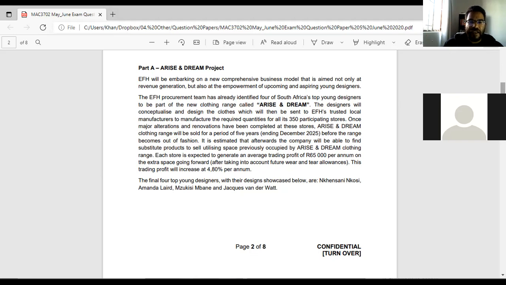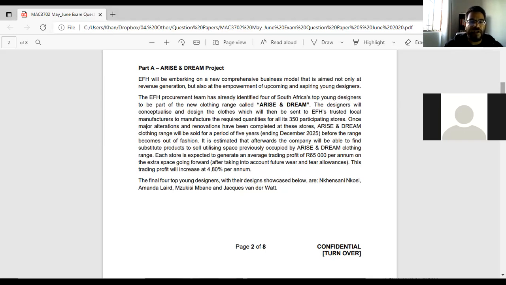It is estimated that afterwards, the company will be able to find substitute products to sell utilizing space previously occupied by Arise and Dream clothing range. Each store is expected to generate an average trading profit of 65,000 Rand per annum on the extra space going forward, after taking into account future wear and tear allowances.